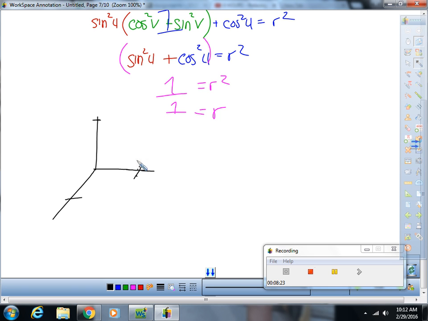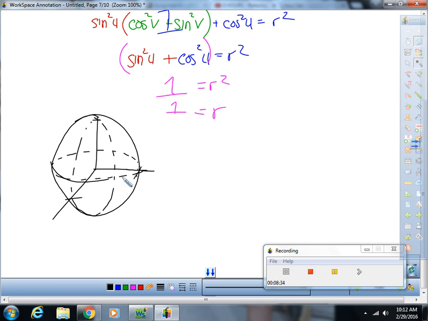We would sketch something like that. And there we have a sphere with r equals 1.